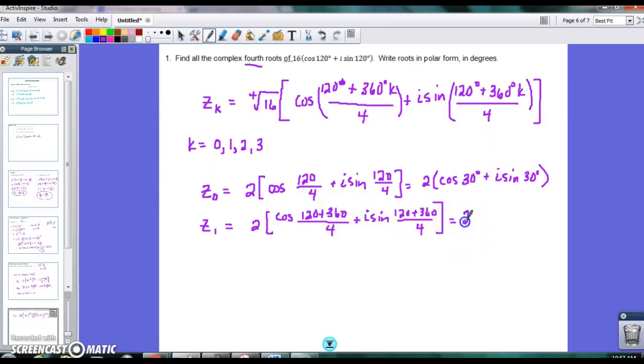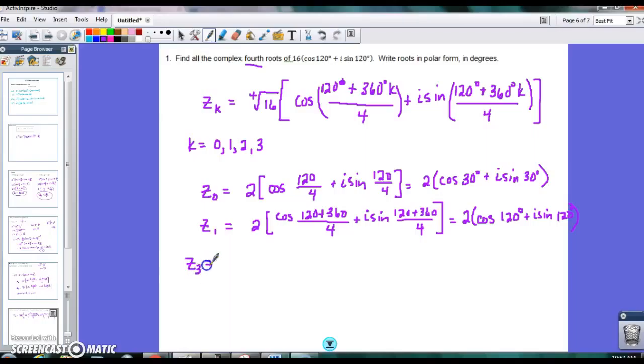And so that gives me 2 cosine, that would be 480 over 4, so that would be cosine of 120 plus i sine of 120 degrees. It's kind of hard to see, it went off the white there, but that's what you get.